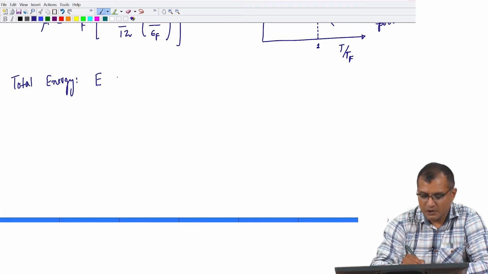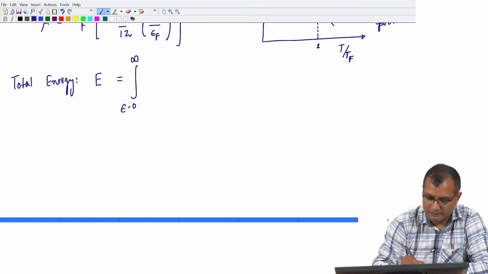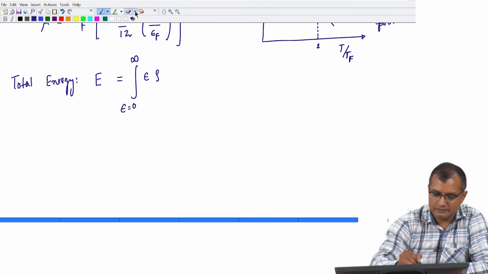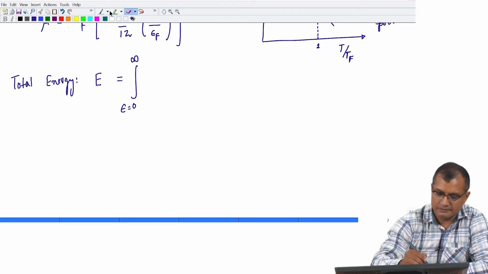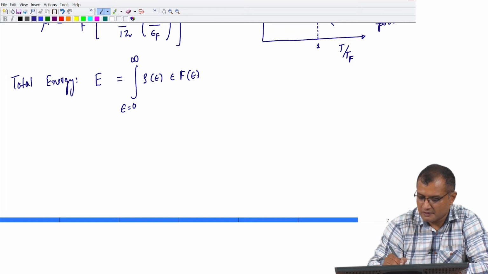So, the energy, as we know, is given by an integral 0 to infinity of E times the density of states into the Fermi function.